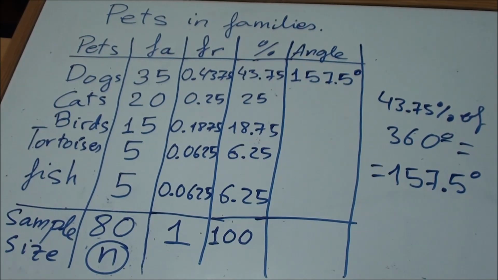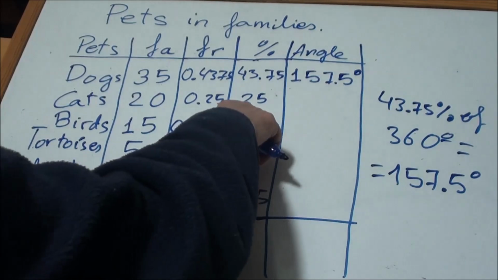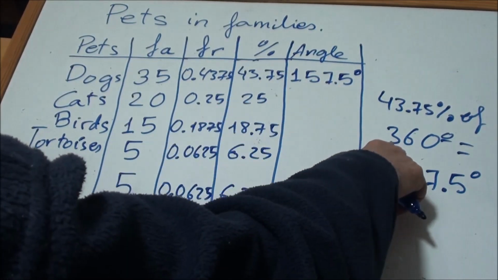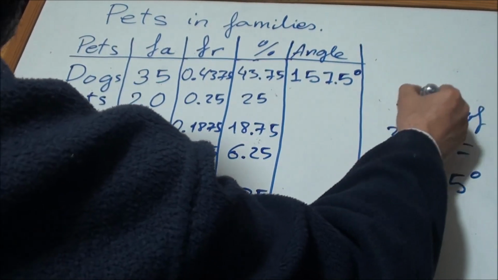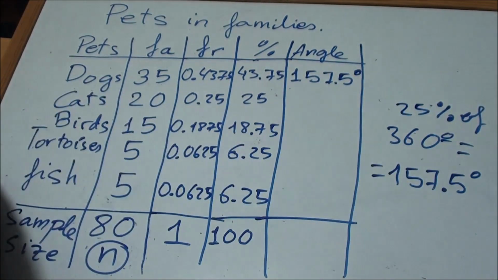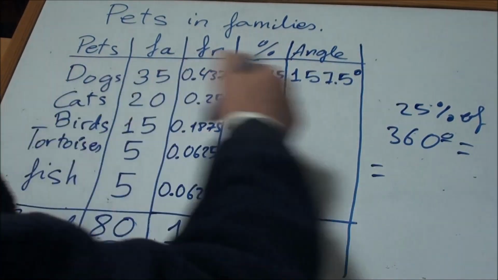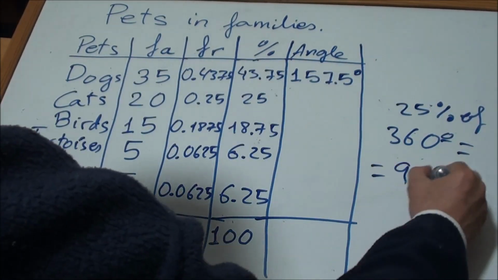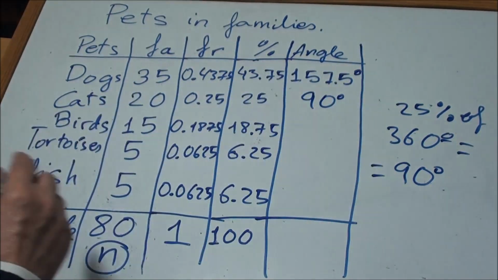And we have to do the same thing with all the other numbers. Here, 25% of 360, that's easy, because 25% is dividing by 4. So it's 1/4. So that's 90 degrees. That's easy. 90 degrees.